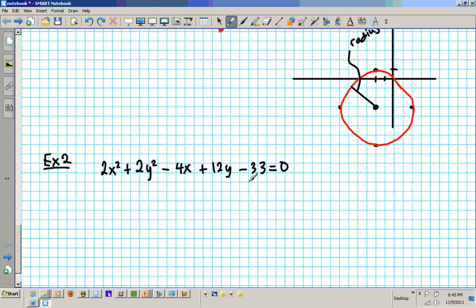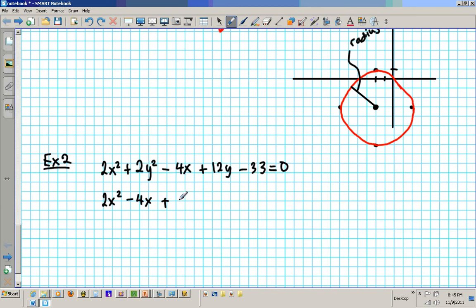Alright, so what we're going to do first here is place like variables close to each other and toss the constant over to the other side. So we have 2x squared and the 4x. They both have x's of different degrees, so bring them next to each other.